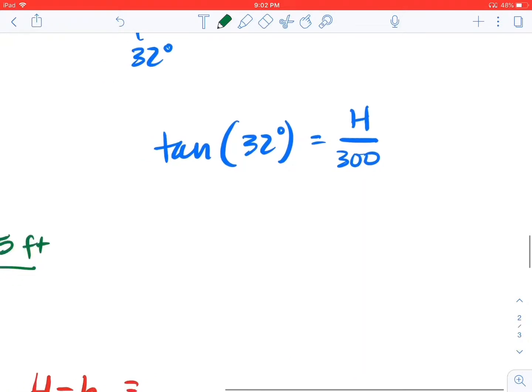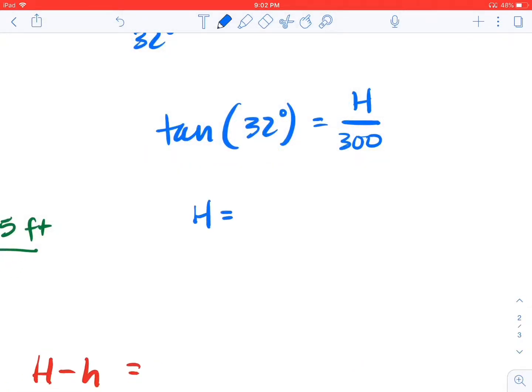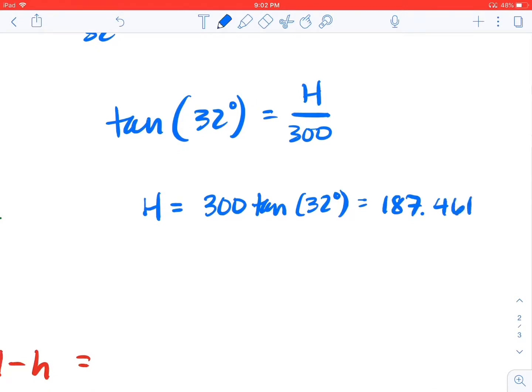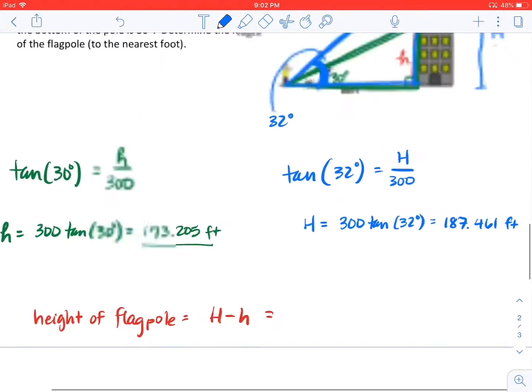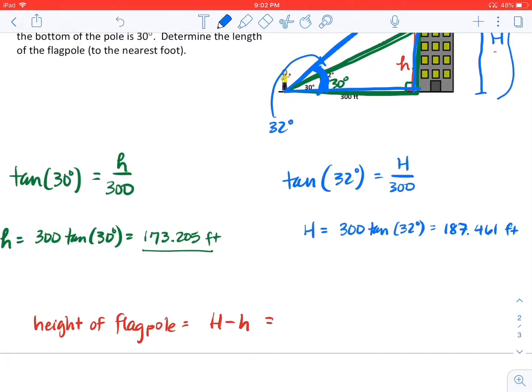The second part of the problem is to solve for capital H, which again, we just multiply both sides by 300. 300 times the tangent of 32 degrees is 187.461 feet. What that is saying is the height of the building and the flagpole, this entire thing, is 187.461 feet.